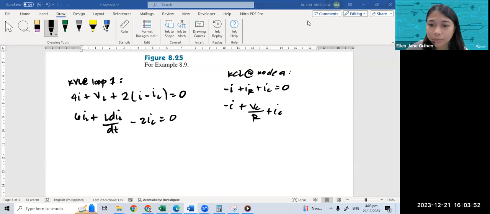Okay, so we have this, and then we're going to convert it to I plus 1 over RC integral.